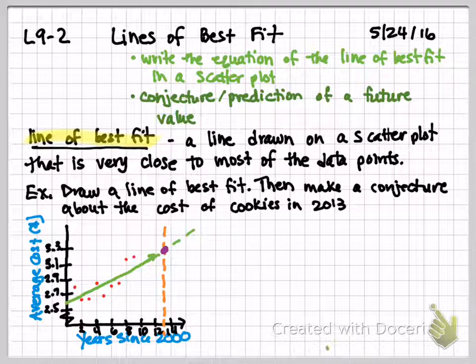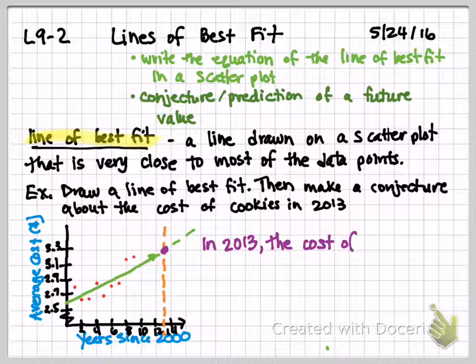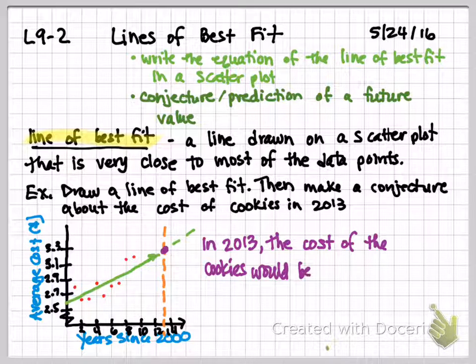So I would say in 2013, let's see, the cost of the cookies would be about $3.30. Okay, so that's how I use this, is I do an estimation.